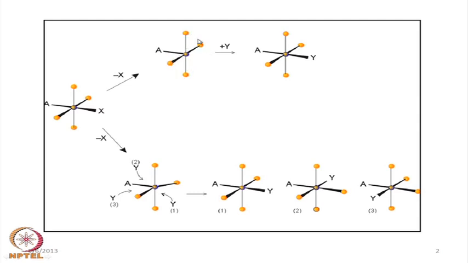These yellow orange spheres in this particular case are chelated by one ethylene diamine molecule, and here another ethylene diamine molecule.